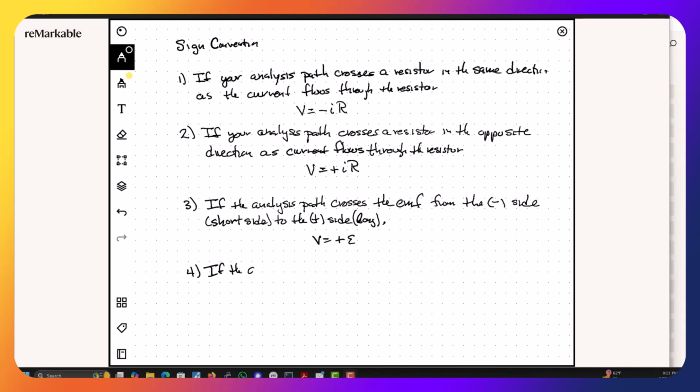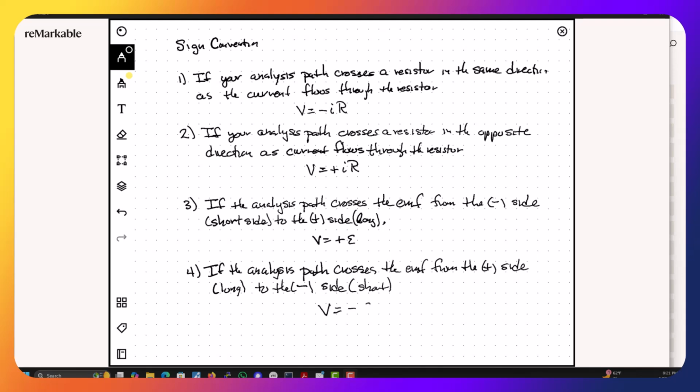And finally, 4, if the analysis path crosses the EMF from the plus side, which is long, to the minus side, which is short, V equals minus E. Okay, so this is the sign convention.